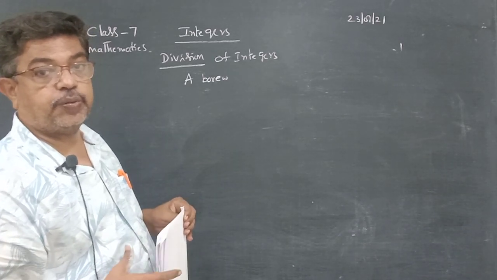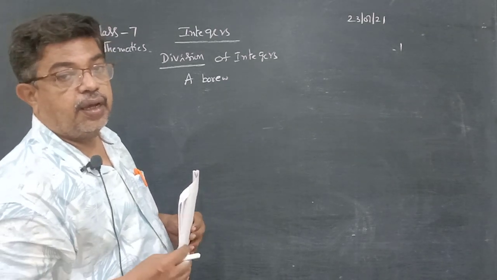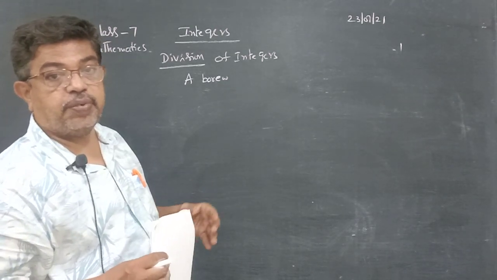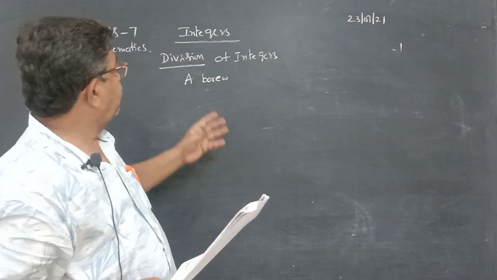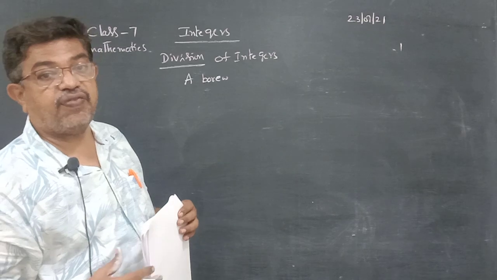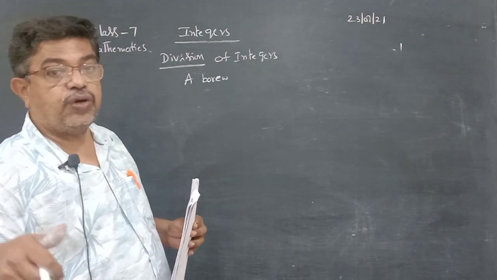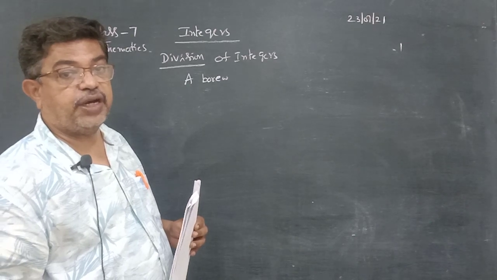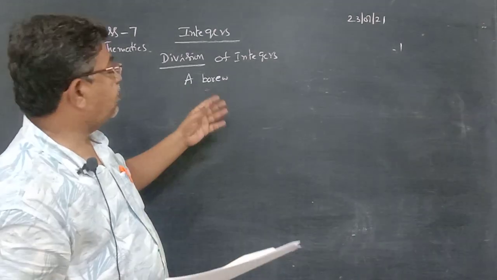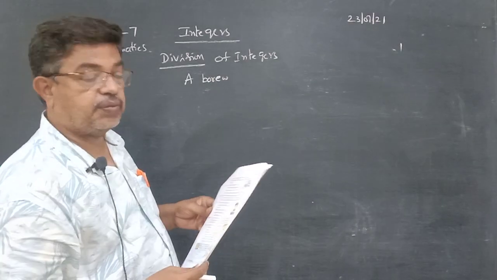It may be for house purpose or it may be for big convention center purpose, or it may be for big offices. Borewell is a machine used to dig the well to get water from the groundwater source. So you will go deep into the earth, 100 meters like that. Then you will get water from the ground level. So borewell is used for that purpose.